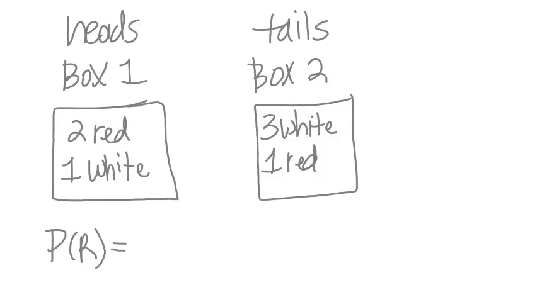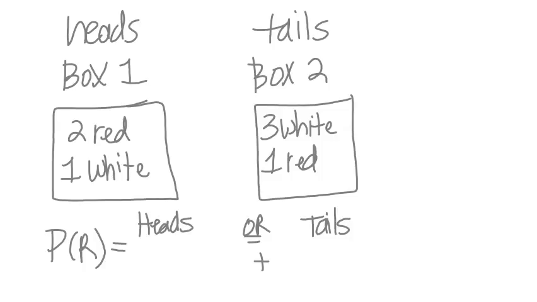Well, there's 2 different situations. There's the probability of getting a red marble if we flip heads, because there's reds in both boxes. Or, oh no, or means add. The probability that we get tails and we have to get box 2. So now we're kind of combining multiplication and this addition idea.